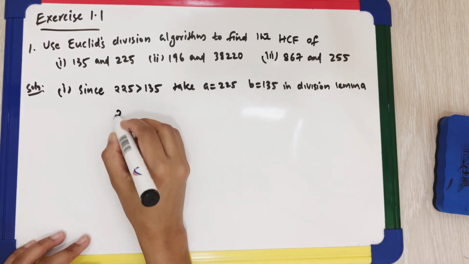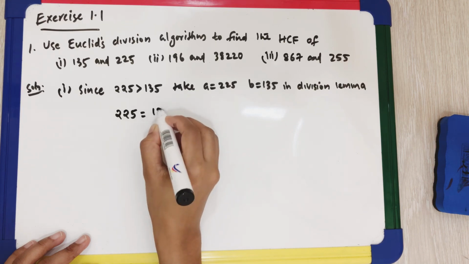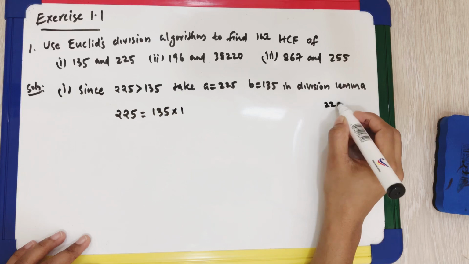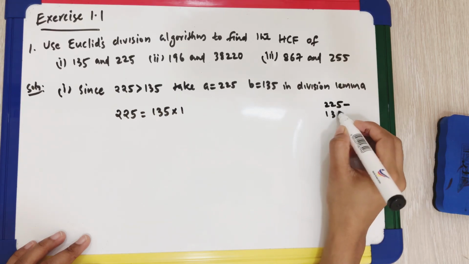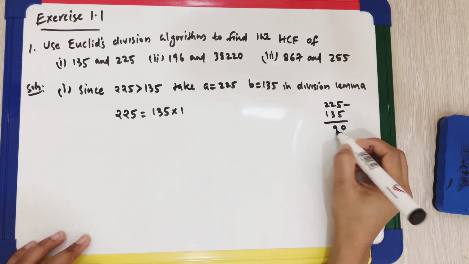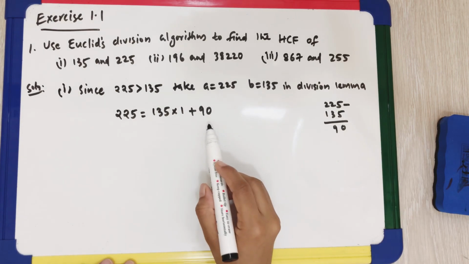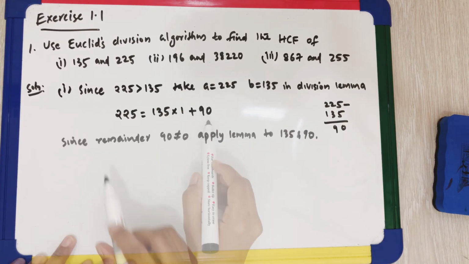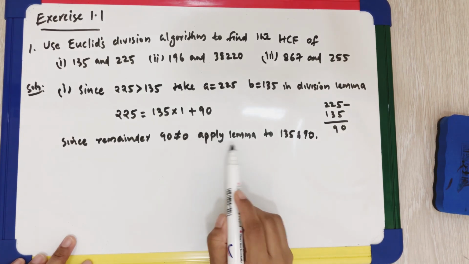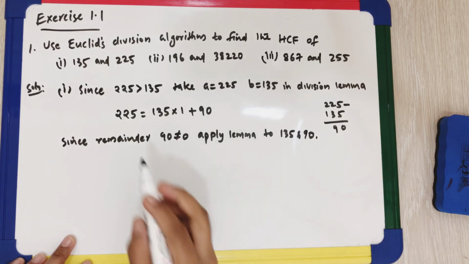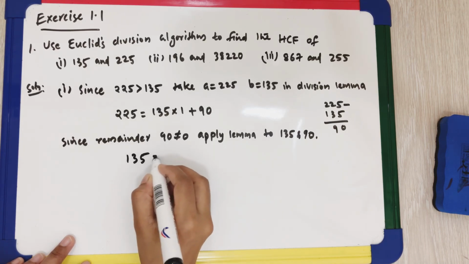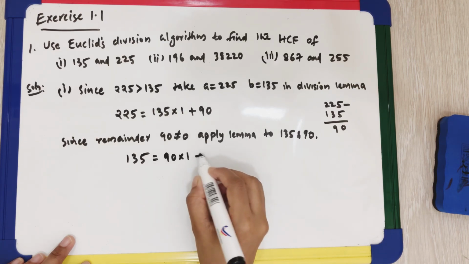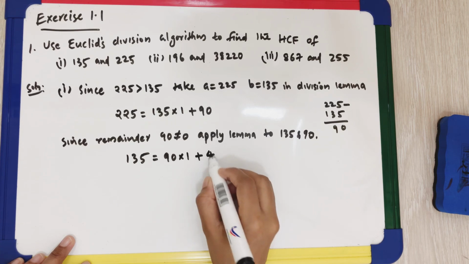Then we get 225 is equal to 135 into 1 plus 90, the remainder being 225 minus 135. Here the remainder is non-zero, so apply Euclid's lemma to 135 and 90. Then we get 135 is equal to 90 into 1 plus 45.